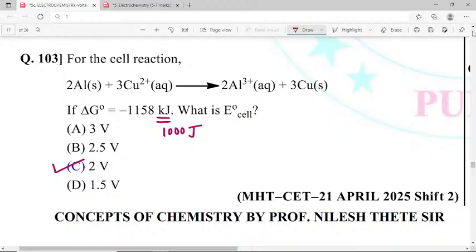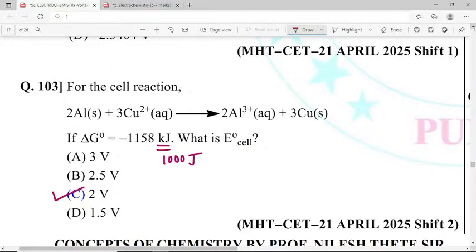Number of electrons, here there is a 'twice', that's 6, take 6 electrons. Number of electrons n is equal to 6. Okay, take the formula. Right now the formula is del G naught is equal to minus nFE naught cell. So del G, what is the del G?